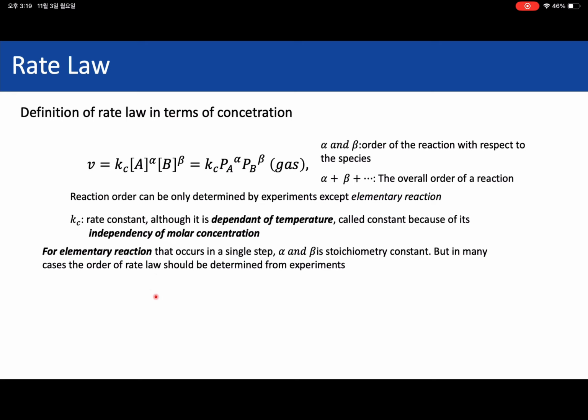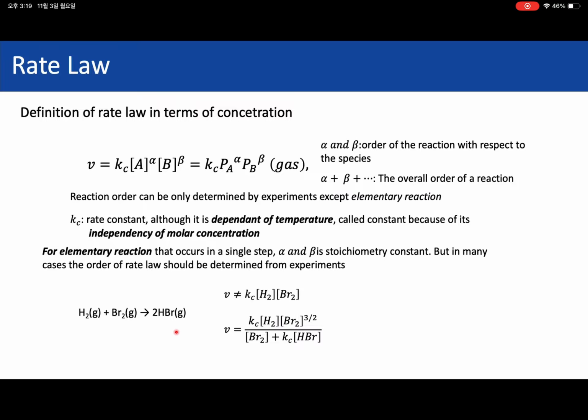be determined from experiment. For example, if we consider the reaction between hydrogen gas and bromine gas, the rate law for this reaction is not simply multiplying the rate constant with the molar concentrations of the reactants, but a more complicated form.